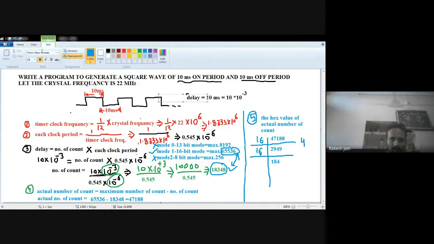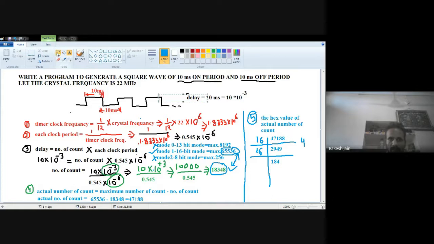I just write down the remaining value at the right hand side. Once again we have to divide 184 by 16. It will divide 11 times, 176. So what is remaining? 8 is remaining. The remaining value I write down here. Now no further division by 16 is possible.